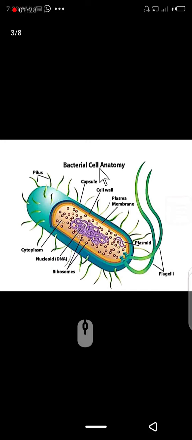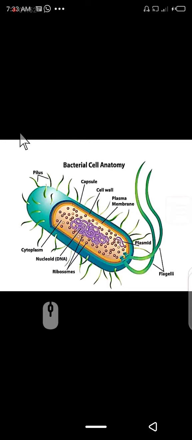Then let's look at the anatomy of a prokaryote. This is a prokaryote cell, and in this case we have a bacteria cell anatomy. A prokaryotic cell is a type of cell that does not have a true nucleus or membrane-bound organelles. The example is the one that we have here, and archaea is also an example of a prokaryote.